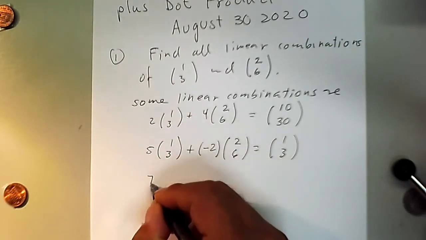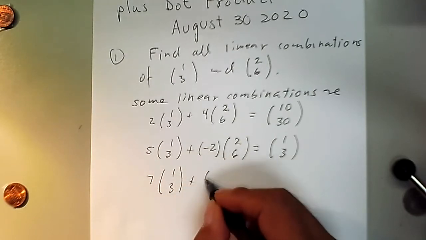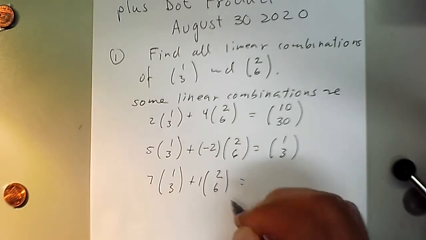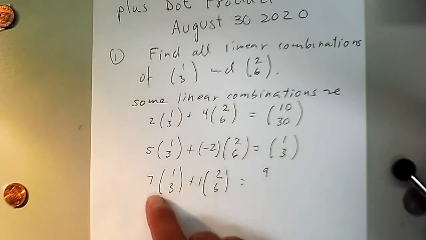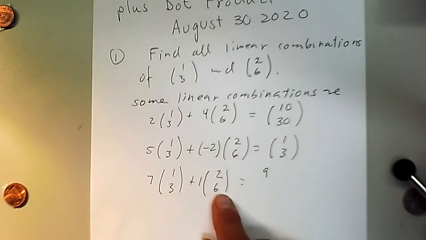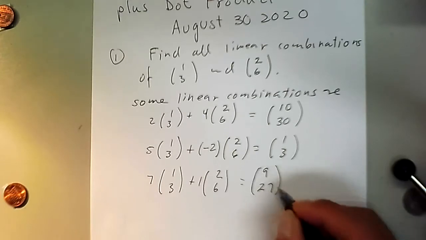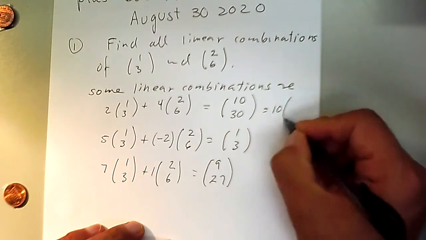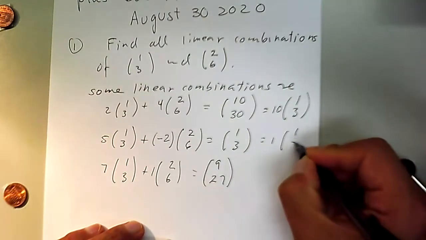How about something like 7 times 1, 3, and let's just do 1 of the other one. So that's 7 and 2 is 9, and 21 and 6 is 27. So something to notice is that this is the same thing as 10 times 1, 3. This is 1 times 1, 3.